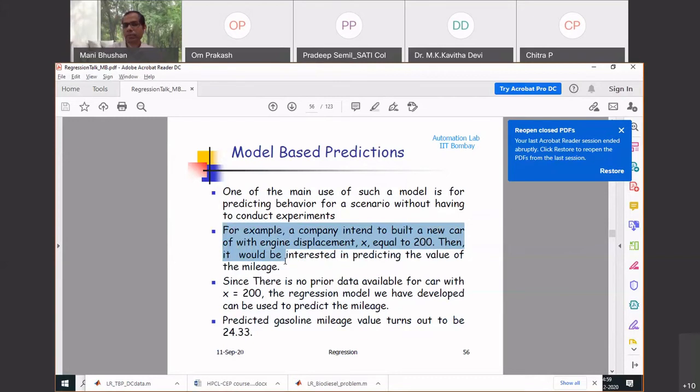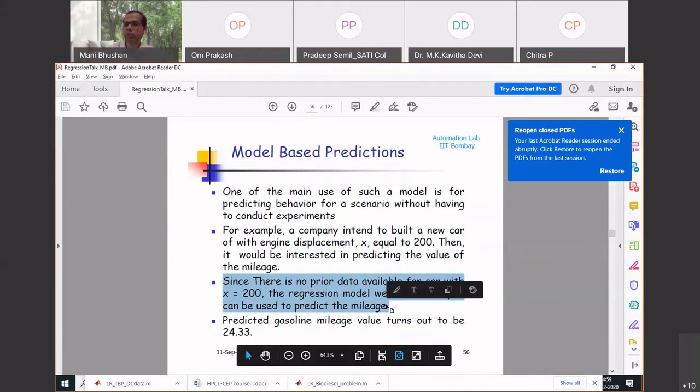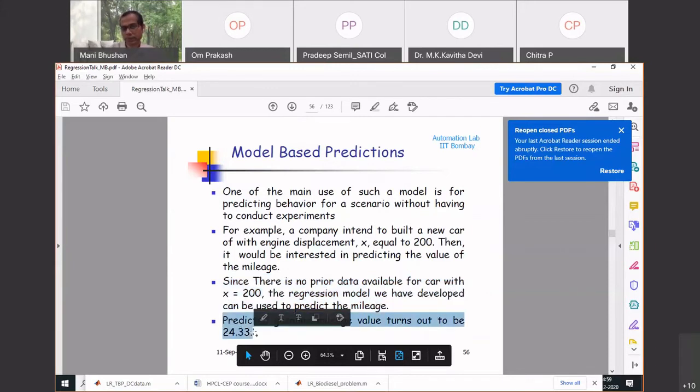Then it would be interested in predicting the value of the mileage. What would be the mileage? Since there is no prior data available for a car with x equal to 200, the regression model we have developed can be used to predict the mileage, right? And whatever intercept and slope we had, intercept plus slope into 200 gives me the predicted mileage, and that turns out to be 24.33.